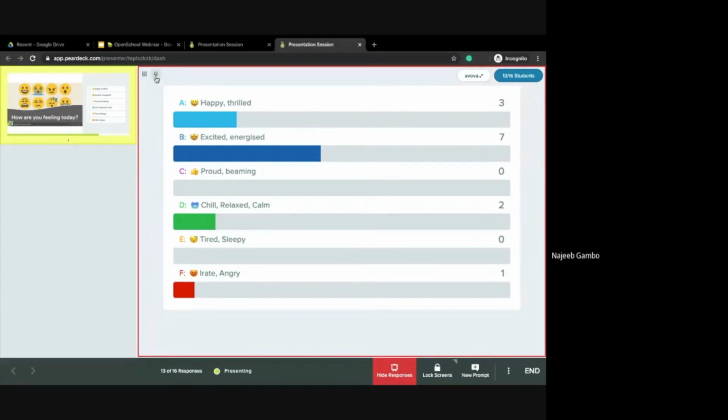If you are using your mobile phone, there is every tendency you will only look at how you are feeling today. Then there is a place that you will click so that it will ask you to respond. So far, 17 participants cast their vote.